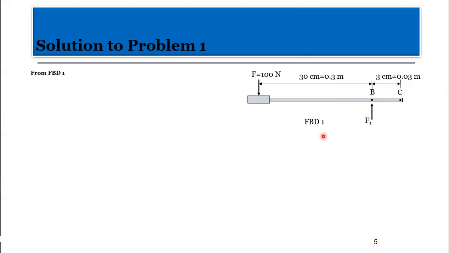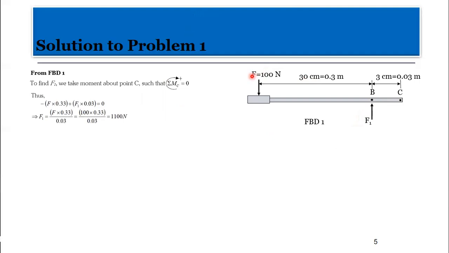Now, if we use this for the analysis and take moment about point C, such that clockwise moment is positive and anti-clockwise negative, we sum them. Already we said F will give us an anti-clockwise moment about point C. So that is the force multiplied by the moment arm, measured from here to C, which is 0.3 plus 0.03 meters, which is actually 0.33 meters.